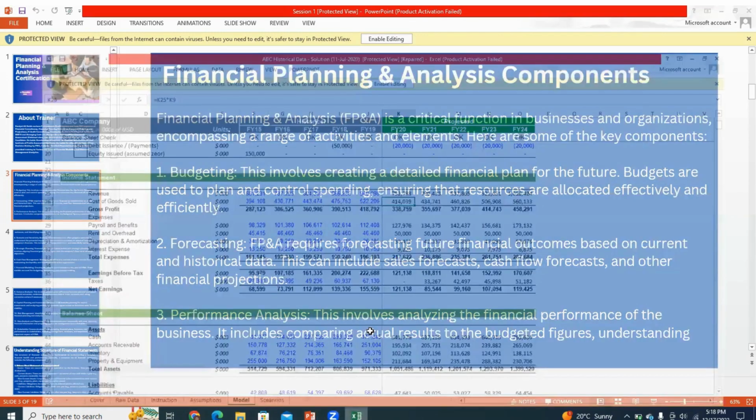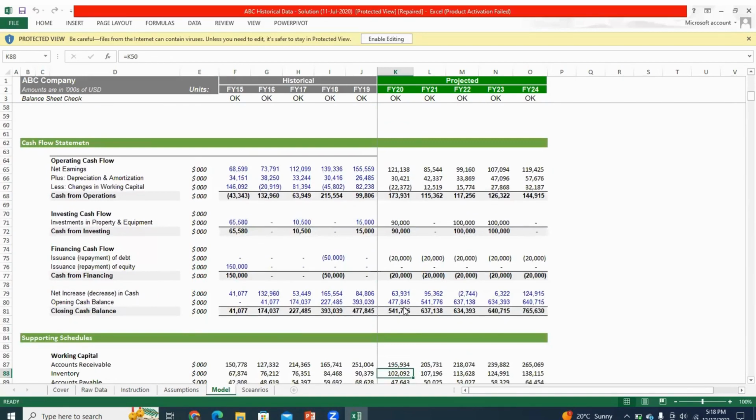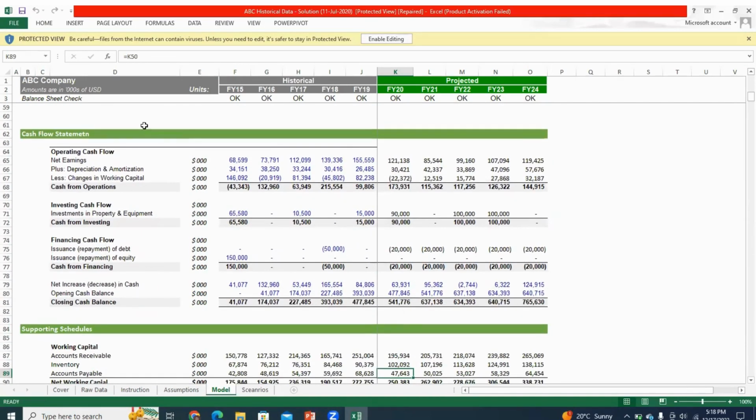So here is the cash flow forecast, income statement, balance sheet, and the cash flow statement, starting from historical results, ending at the projected results. It includes all operating cash flows, investing cash flows, financing cash flows, and the net increase or decrease in the cash balance. As we remember from our studies, we make a ledger of that cash. So this is a cash ledger in statement form.